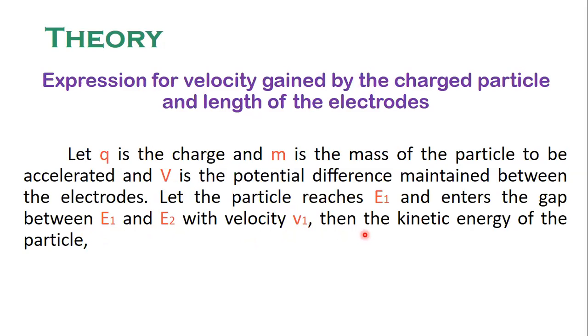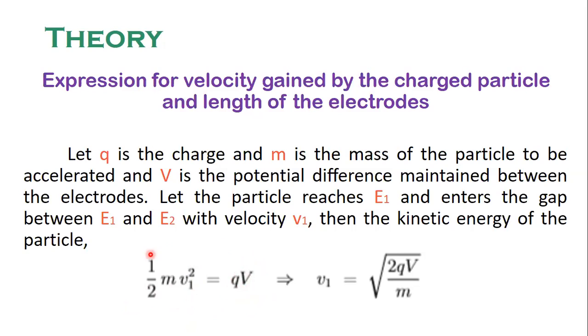Then the kinetic energy of the particle is given by half m v1 square, and this energy is acquired by the particle because of the force experienced in the electric field. If V is the potential difference and Q is the charge, then the energy gained by the charged particle because of the electric field is QV.